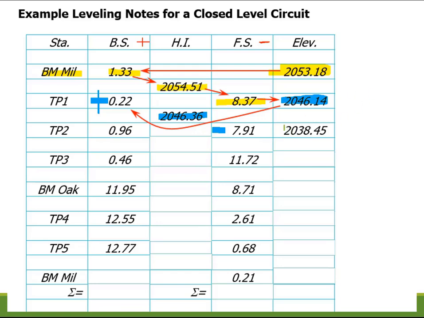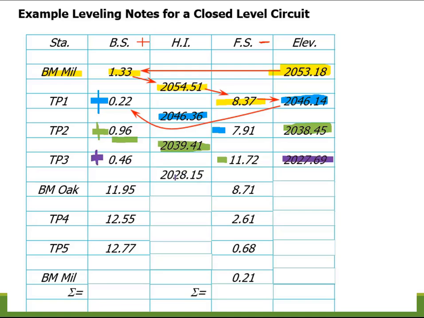So from here, elevation, add a backsight, that gives us height of instrument, and then subtract a foresight would give us ground elevation at the next point. Next point we'll add, gives us height of instrument, subtract, gives us the benchmark elevation.